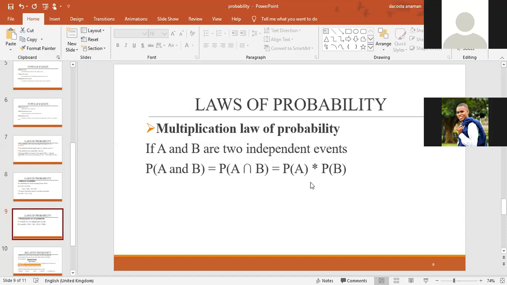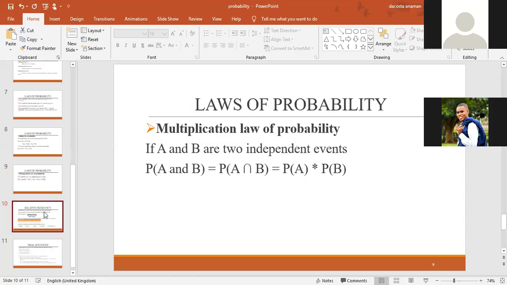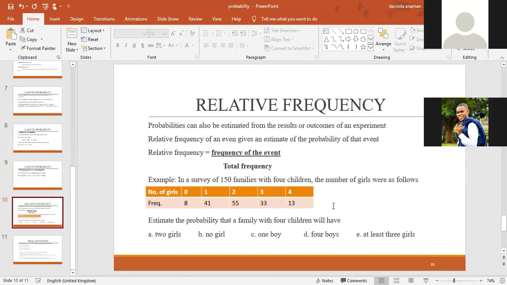Okay, thank God. Now let's move on to the relative frequency first, then we can solve some questions. Relative frequency is all about finding the probability of a frequency. If you have done mean, median, mode and the rest, you see that you'll be finding the frequency of a set of numbers, a set of things.